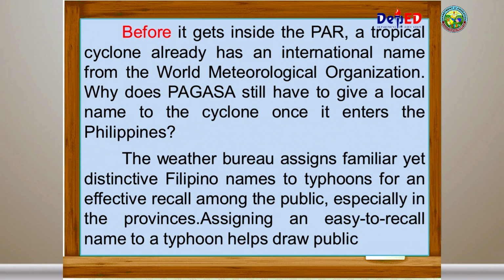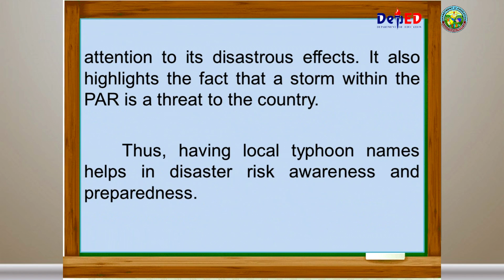Assigning an easy-to-recall name to a typhoon helps draw public attention to its disastrous effects. It also highlights the fact that a storm within the PAR is a threat to the country. Thus, having local typhoon names helps in disaster risk awareness and preparedness.